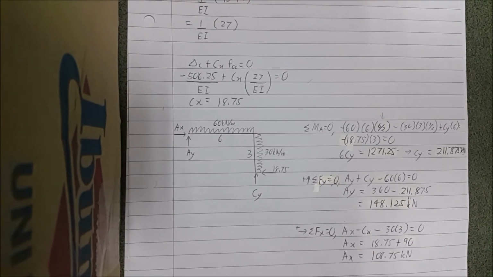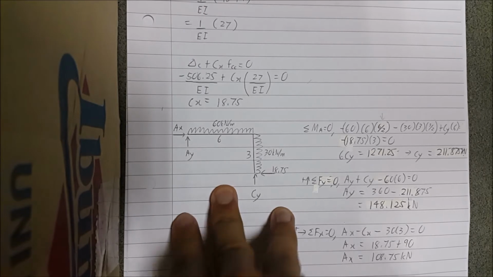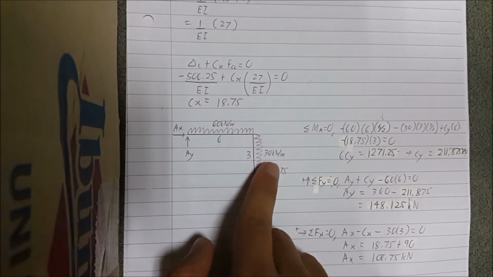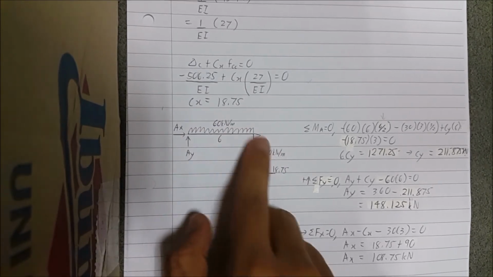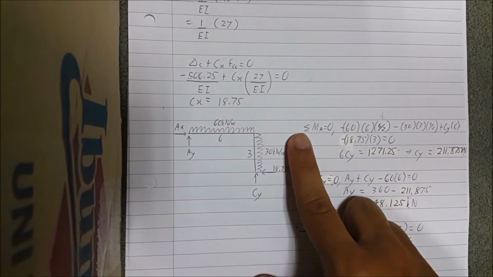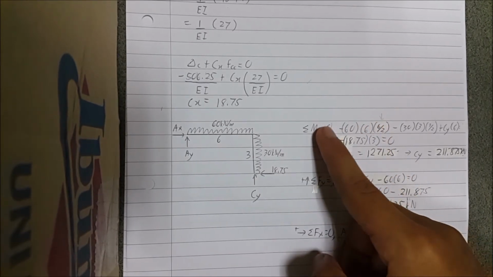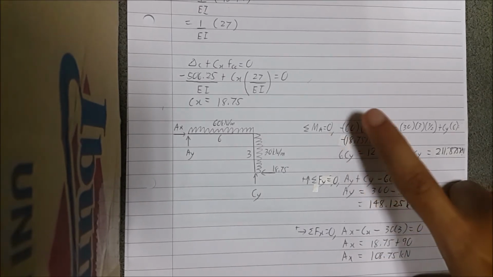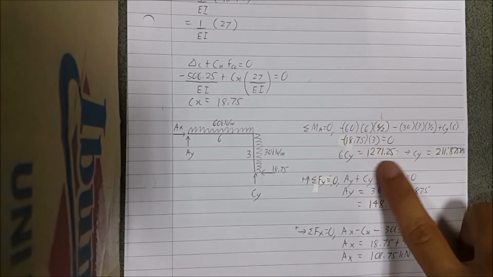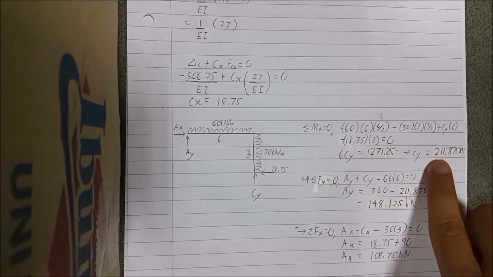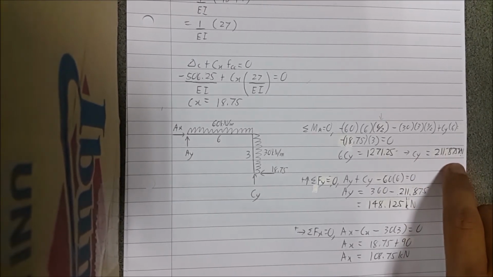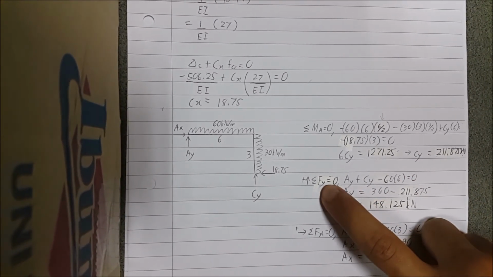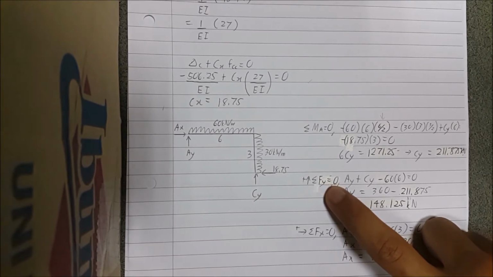Now, finally, to find the total supports, the Cx value is substituted back into the initial structure, and we proceed with the equations of equilibrium, where we find the moment, the Fy, and the Fx. After substituting all the values, we found that the new value for Cy is 211.875 kN. This value is reused in Ay to find Fy equals 0.